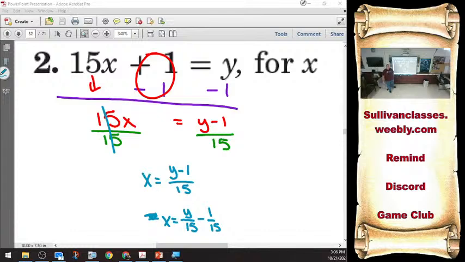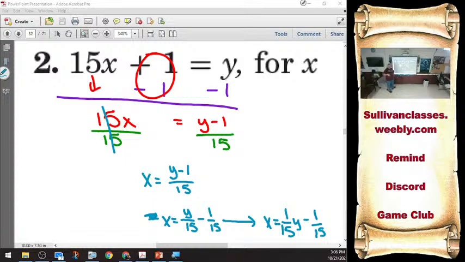Okay, I'll take it a step further. What number's in front of the y? Right here, 1. You remember what we said about those fractions? This can also be called x is 1/15th y minus 1/15th.